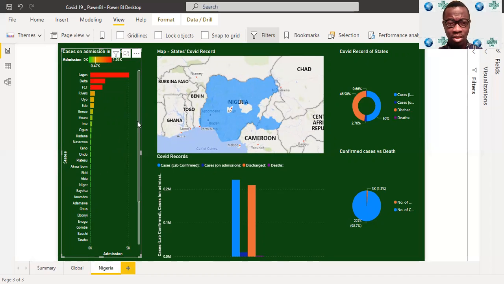And also the other states. We have 36 states in Nigeria, and you can see that we've not had a lot of reported cases of the COVID-19 outbreak in Sokoto, Kogi, Kebbi, in all these northern regions, and Cross River, which is in the south. We do not have a lot of people there.